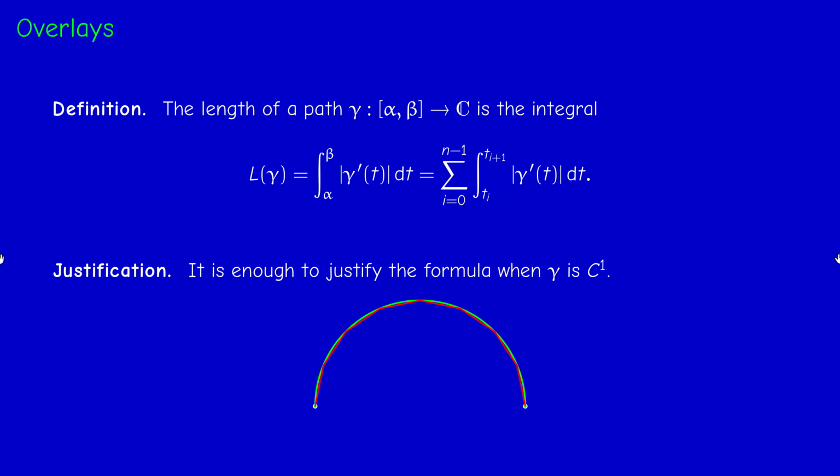This is even better, okay? So what we are going to do is to compute the length of each straight line segment in red, and then sum all these lengths, and we are going to prove that as the partition becomes finer and finer, the length of the polygonal path converges to this integral. Okay, this is the idea.